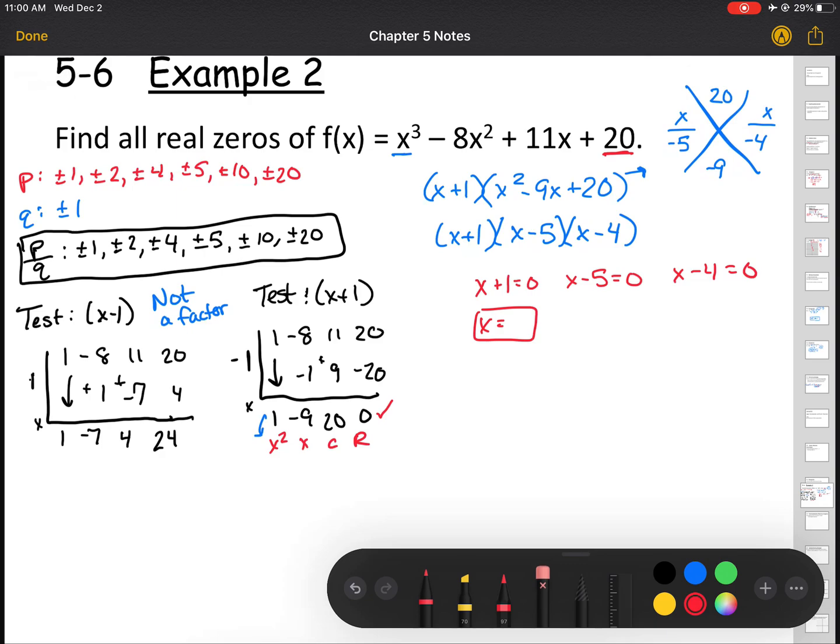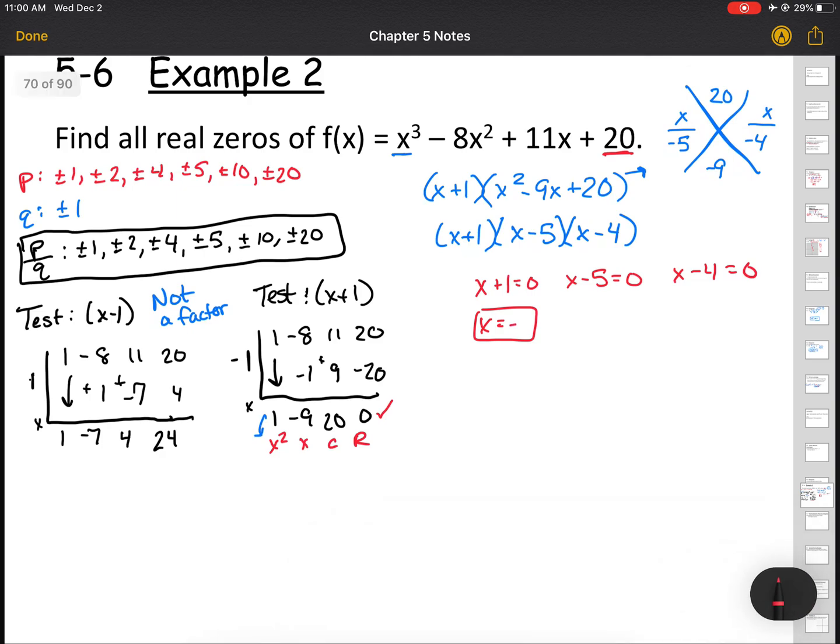And that was true because we tested that out with polynomial synthetic division. If I add 5 over here, 5 is a root. And if I add 4 to the other side, 4 is also an actual real zero of this polynomial. So I have 3 real zeros here.